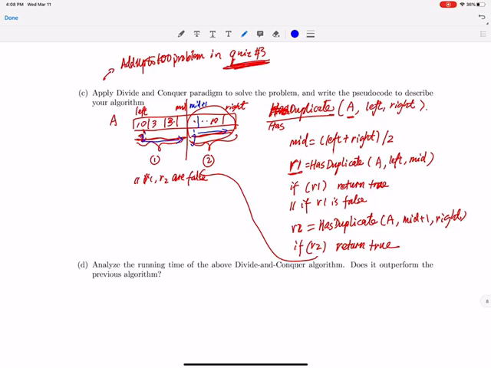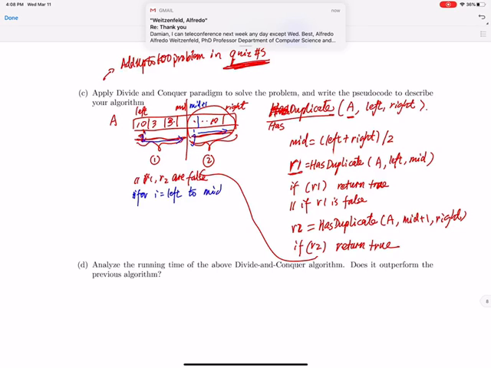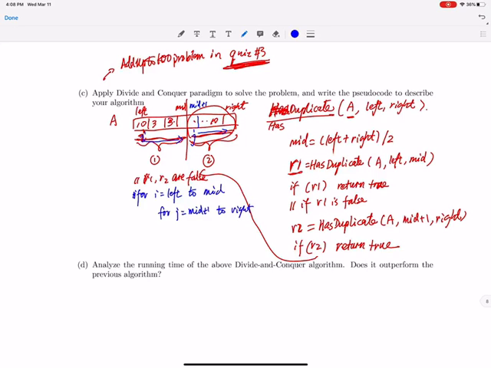To write that code, it's something like this: for I from left to mid, and for J from mid plus 1 to right, if A[I] equals A[J], return true.